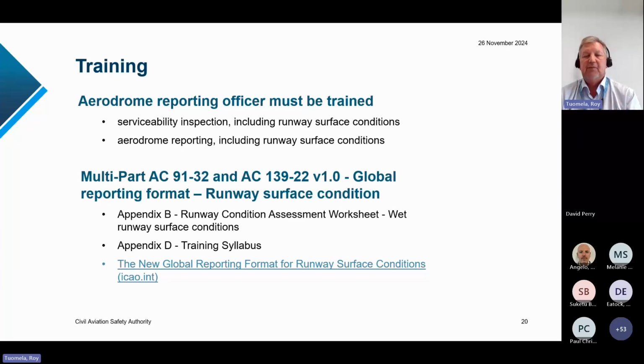And then eventually we will have the sample aerodrome manual and the manual assessment and authoring tool, the MAT, updated so that you can include the runway surface inspection reporting in your actual aerodrome manual. So we already have the guidance there, so you can put it in there, and I'll touch on that again in the next couple of slides.